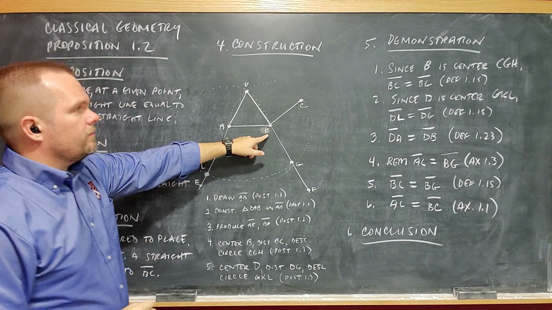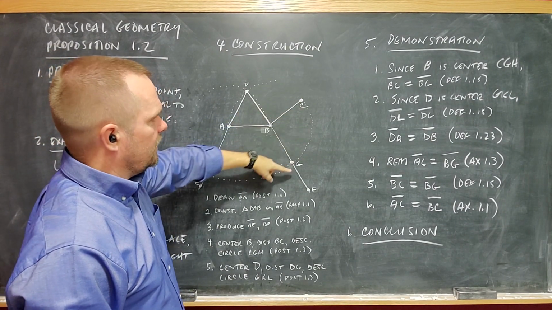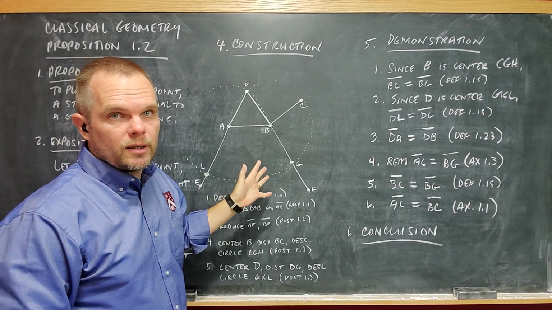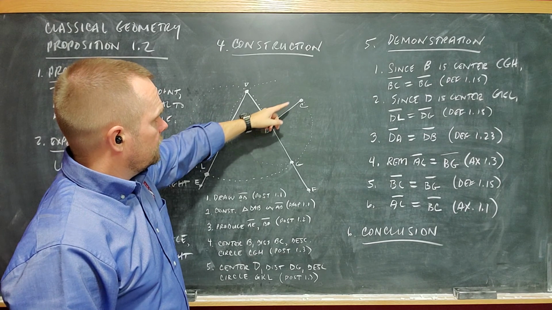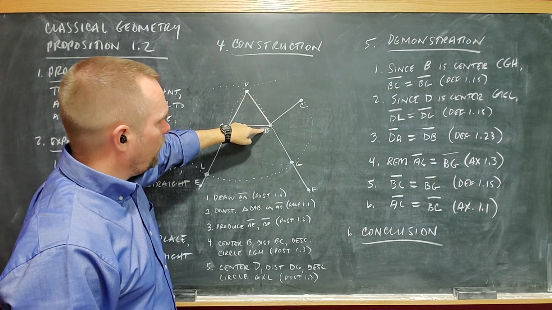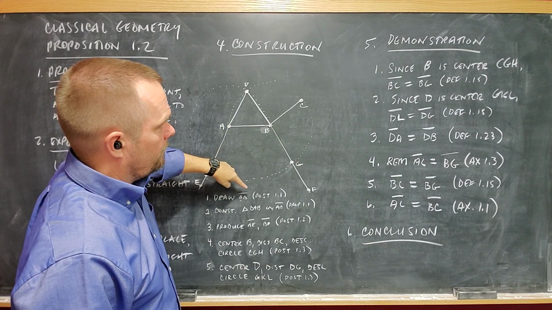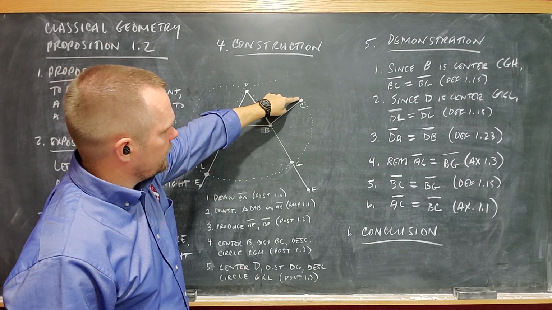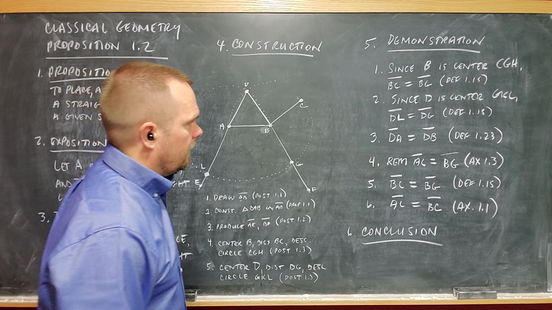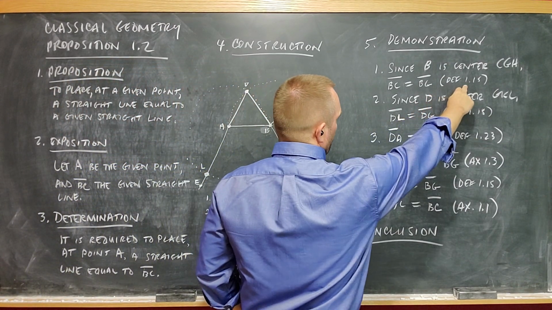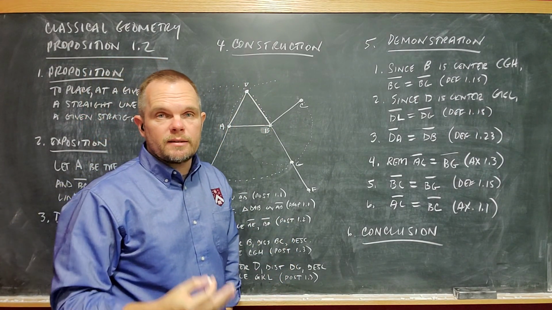Since point B was the center of circle CGH, and I didn't label point H on the construction, but you can see it in your lesson, since point B is the center of circle CGH, line BC is equal to line BG. And that's based on definition 1.15, the definition of a circle.